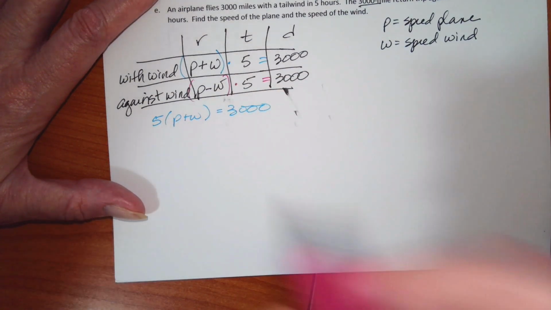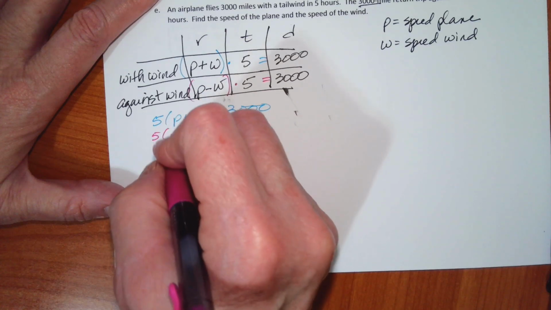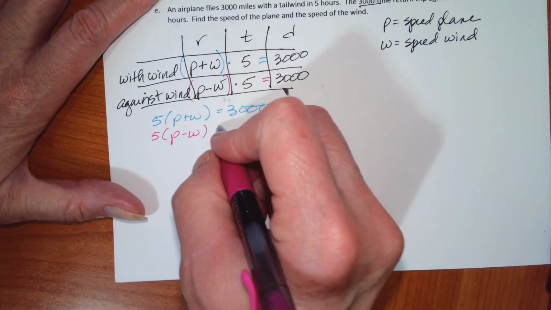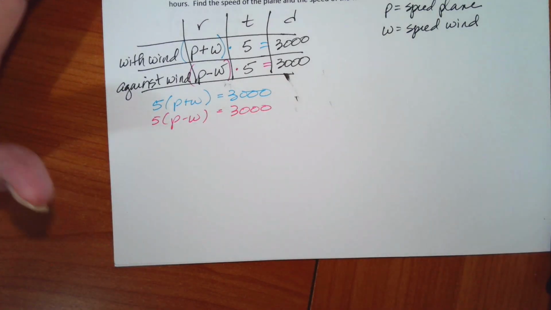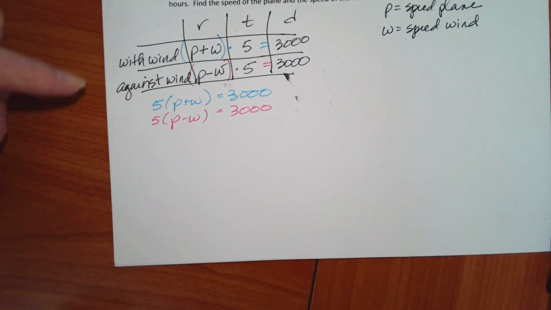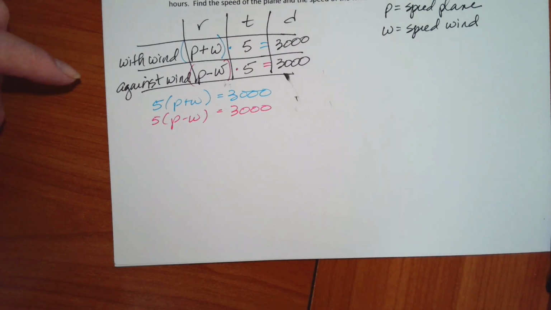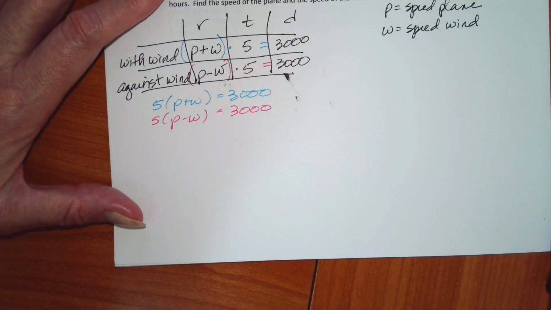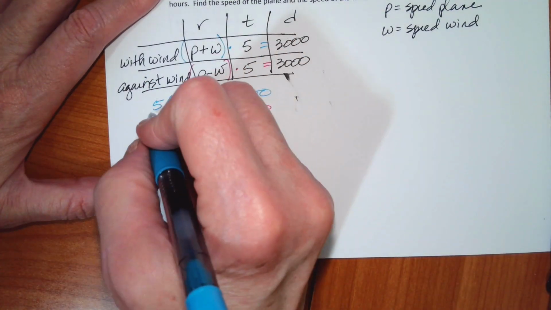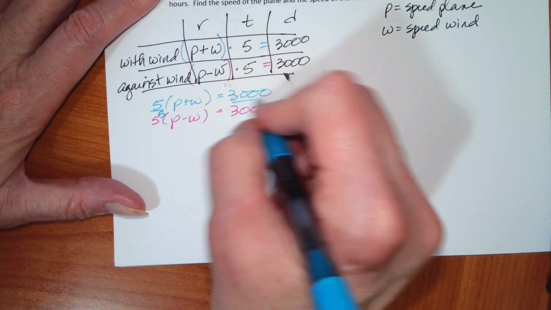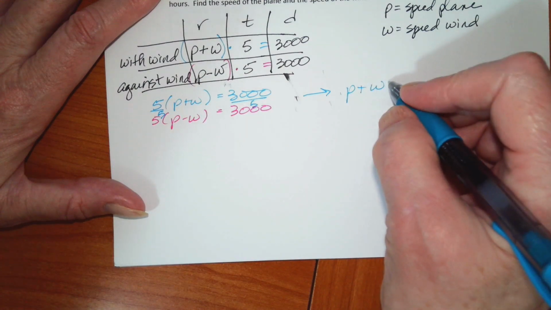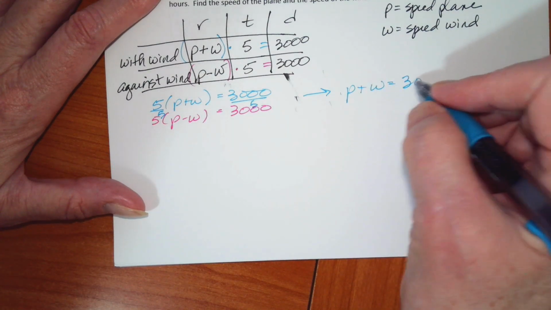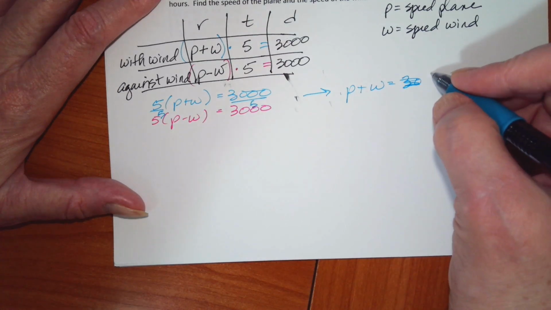And then my other equation is 5 times P minus W is also equal to 3,000. Okay, so I can take each of these and divide by 5. So this equation becomes P plus W is 600.